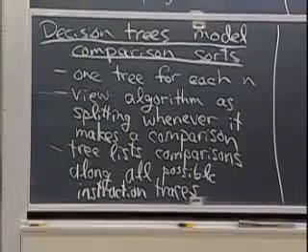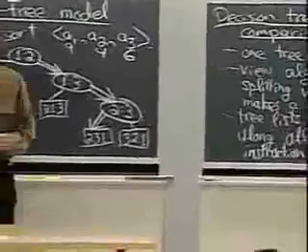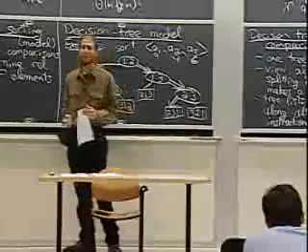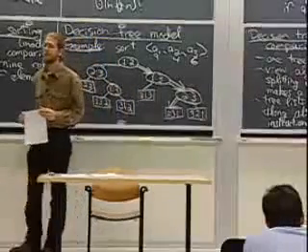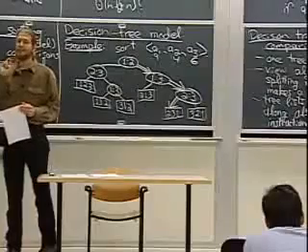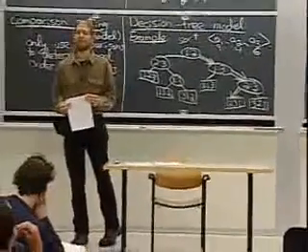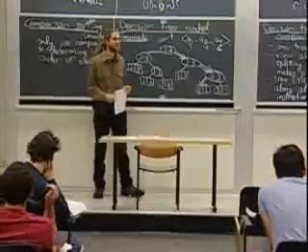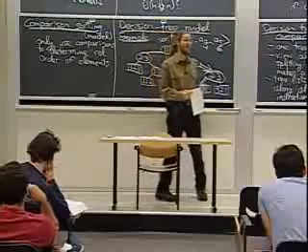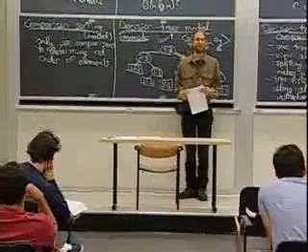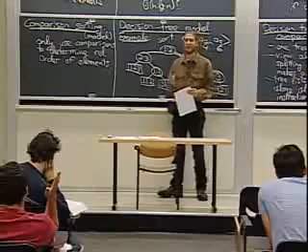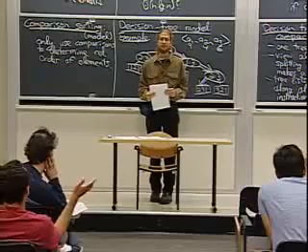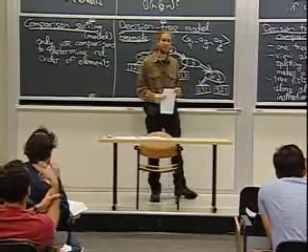Now, how big will that tree be, roughly, as a function of n? Yeah. Well, if it has to sort any possible list, it's going to have all the permutations of your original.